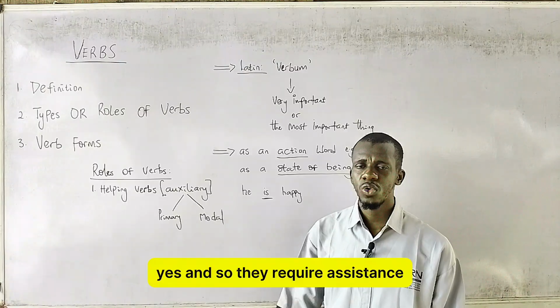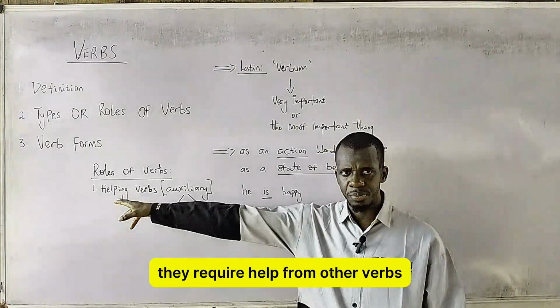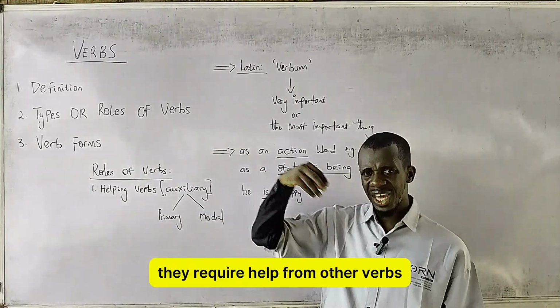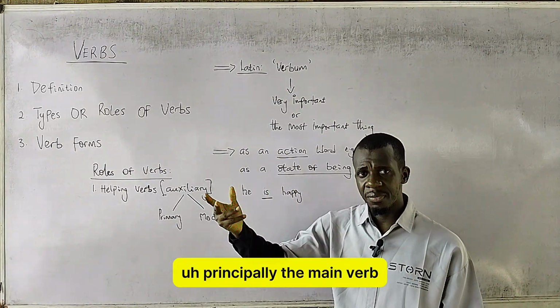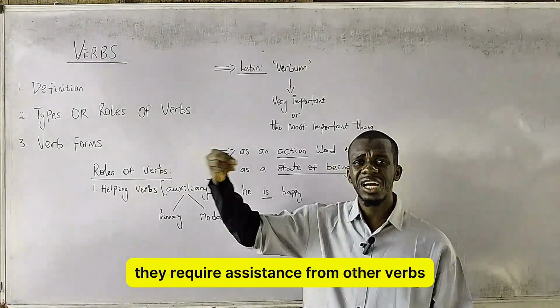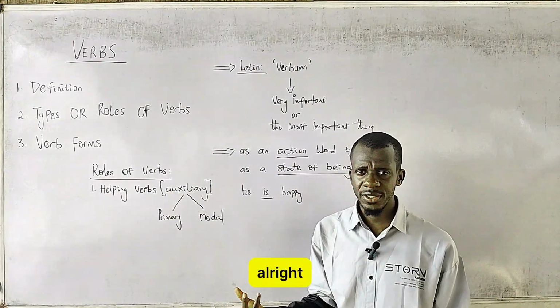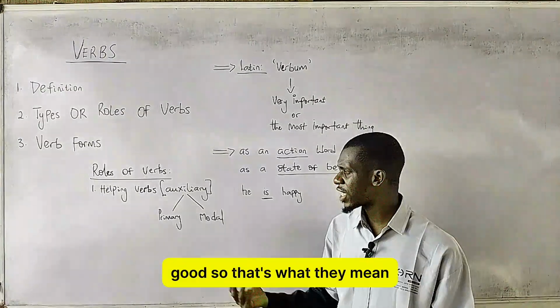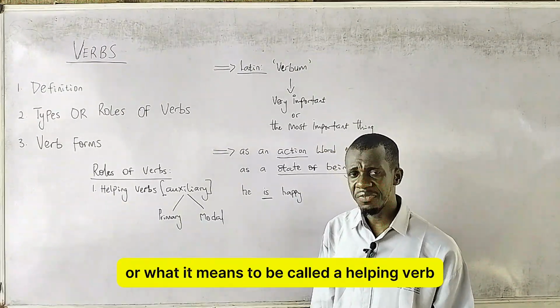And so they require help from other verbs, principally the main verb, in order to function. All right? Good. So that's what it means to be called a helping verb.